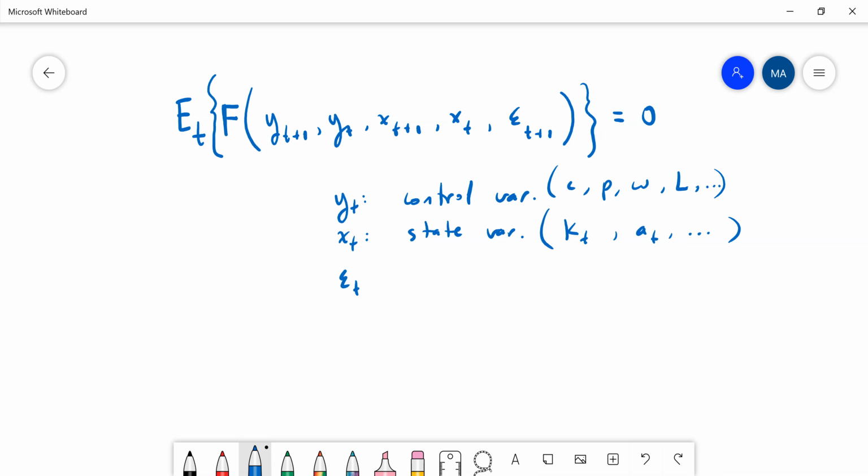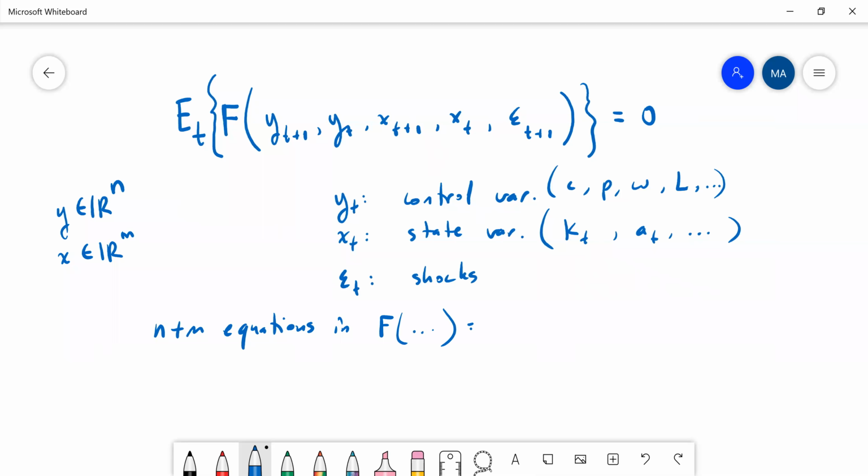Then you have the shocks. And again, now, what is the dimension of your system? Well, let's say you have n control variables and m state variables, okay? Then this function here, there are n plus m equations. And this one is, of course, expectation.